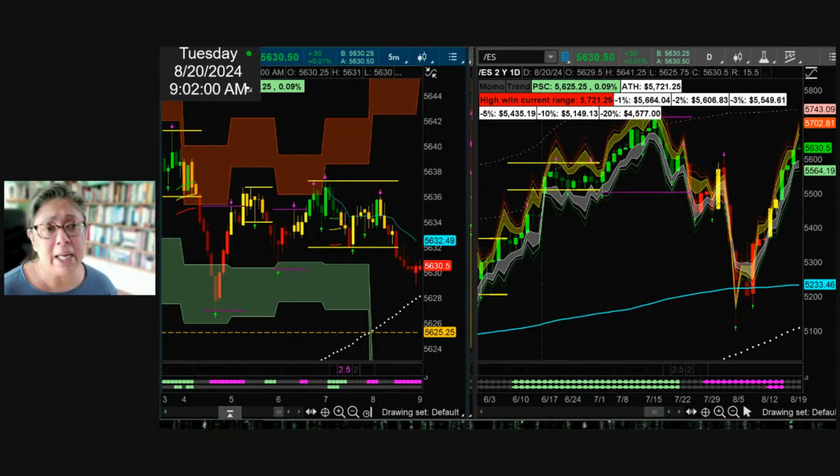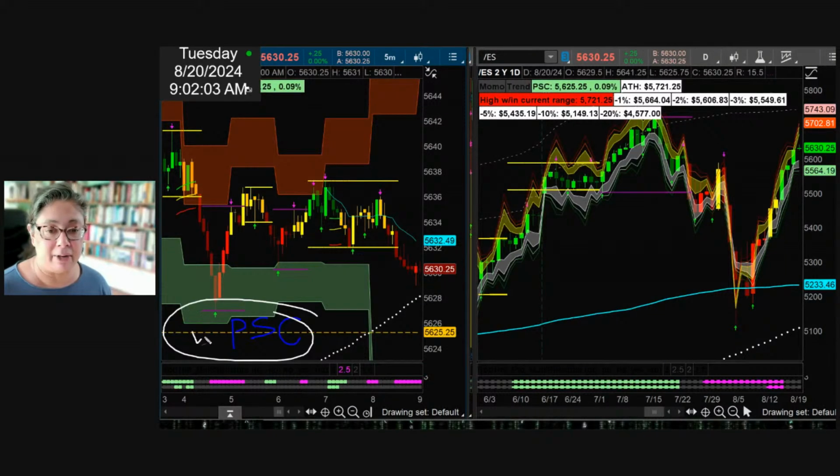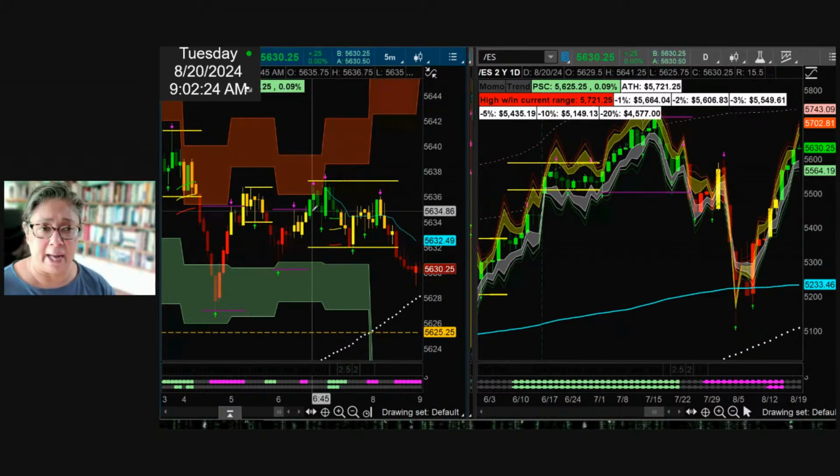I call these lines in the sand. There are a number of them, but the easiest one to put on your chart is the previous session close. That's the absolute easiest one for everyone to mark down on their chart, and that's the cash close from 4 p.m. Now, if we're above that, I'll consider that being in the bullish hemisphere, where the sentiment is usually geared towards how do I be a buyer?